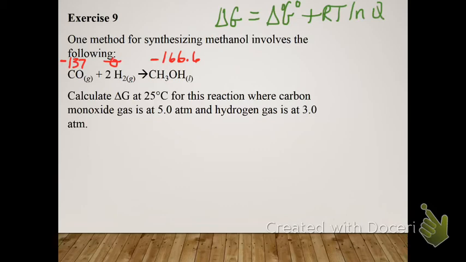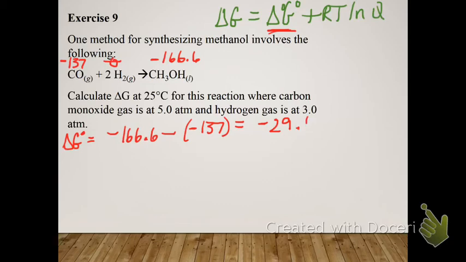So first, we need to calculate the delta G naught for this reaction: negative 166.6 minus negative 137, products minus reactants. I get negative 29.6 kilojoules per mole.